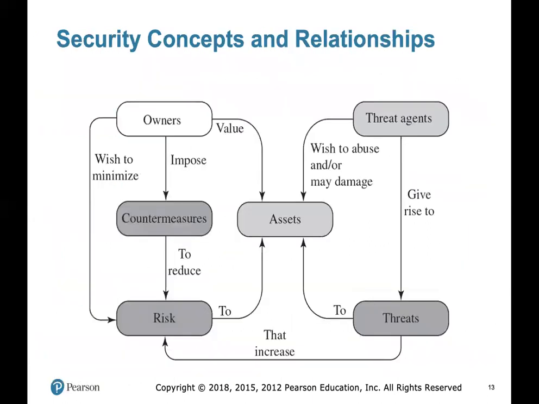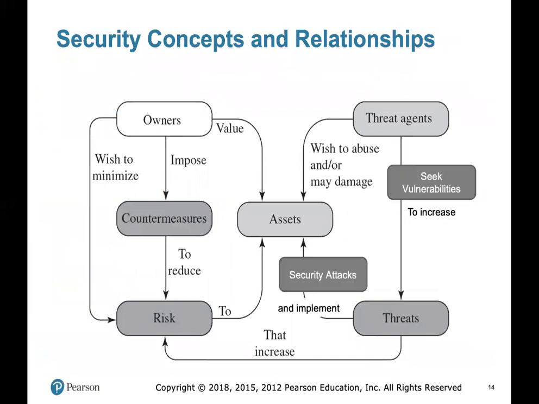Okay, here is a chart that shows the relation between the concepts that we have. This is what the book has used, and this is my version. I updated it because I think this is more accurate. If you look at this, we say that here we have the owner of the system, of the information processing system, who values the assets.